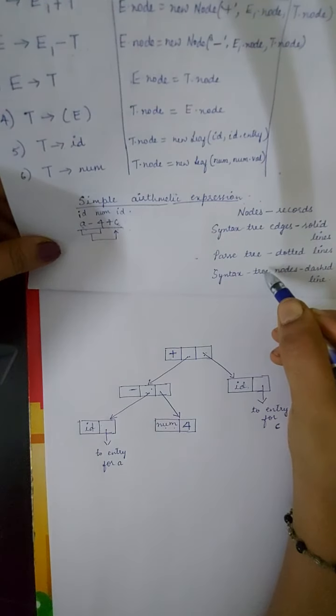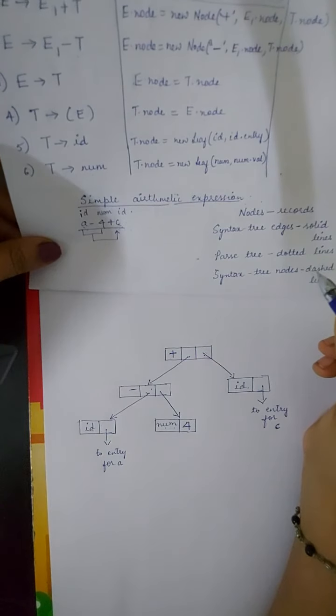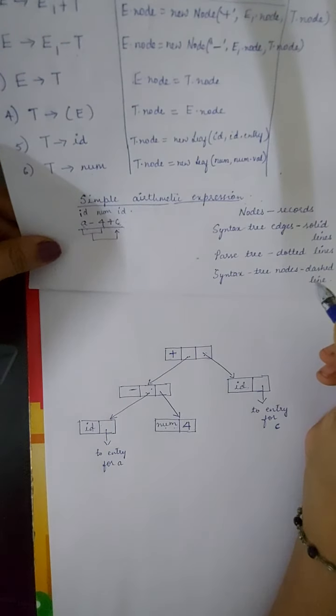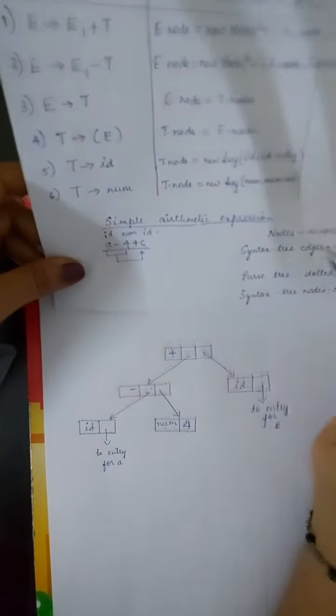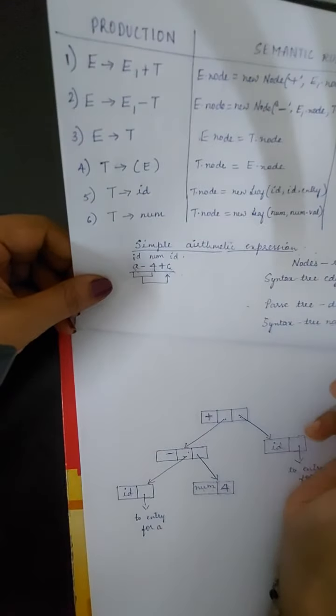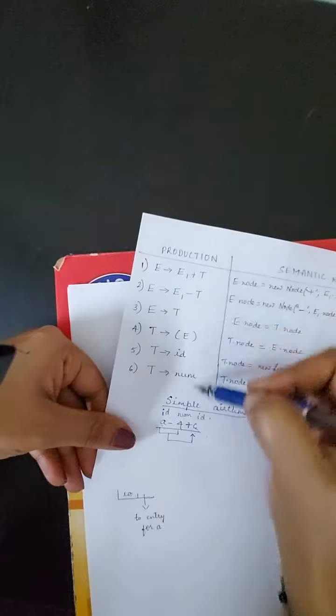It is a hierarchical structure of the non-terminals or the nodes, that is derivations of the grammar, that is also represented to get the desired input string. So that is the parse tree. So let us draw the parse tree, which is represented using dotted lines. Okay, to get this input string we have used this grammar, right?